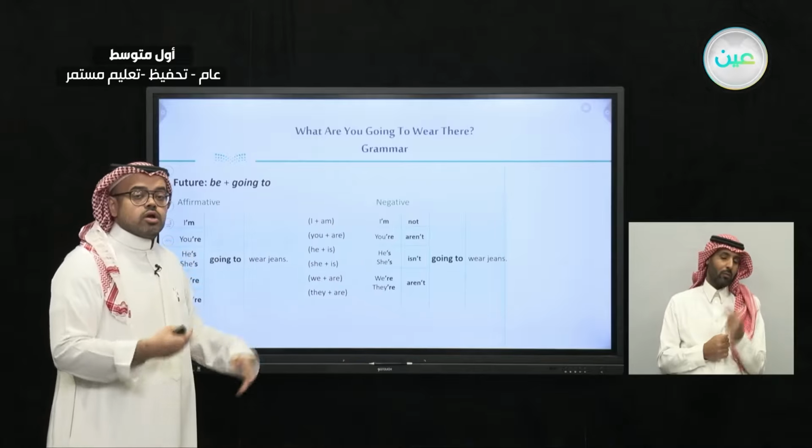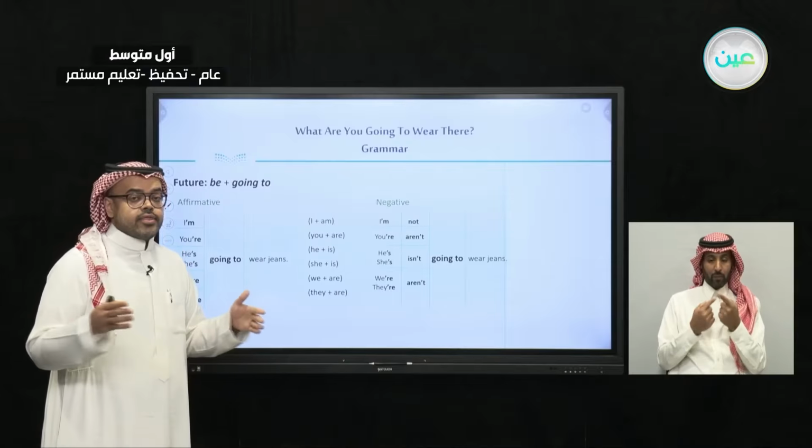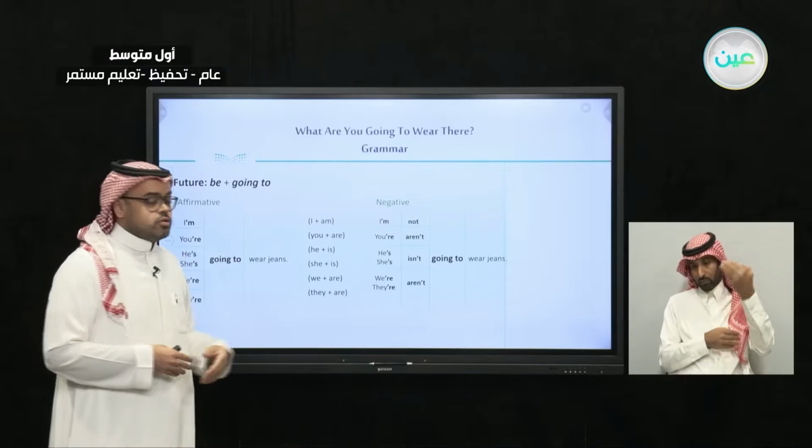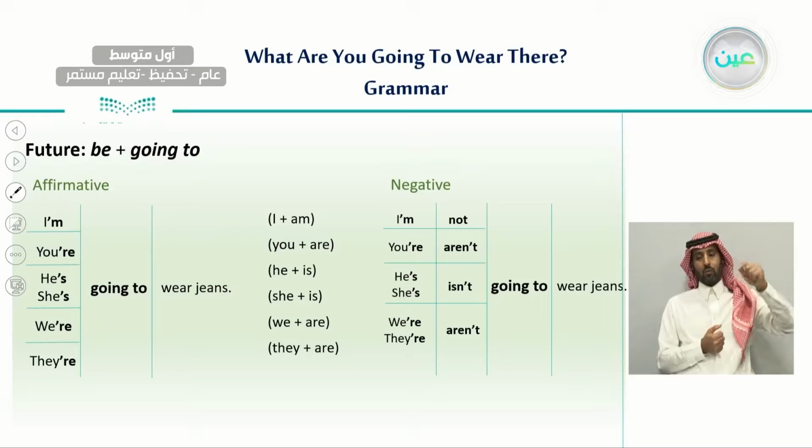Today we're going to learn how we can form sentences to talk about the things that will happen in the future. So the first phrase we're going to use to talk about the things that would happen in the future is going to. And how can we form especially the affirmative sentence?